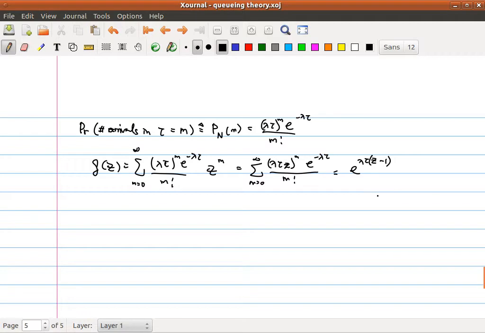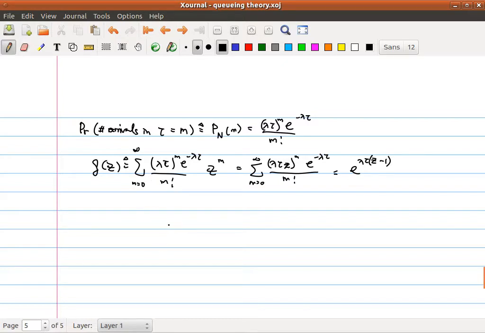So again, if we define this as G(z), if we take the derivative of G(z) with respect to z, then we will have m coming down there.